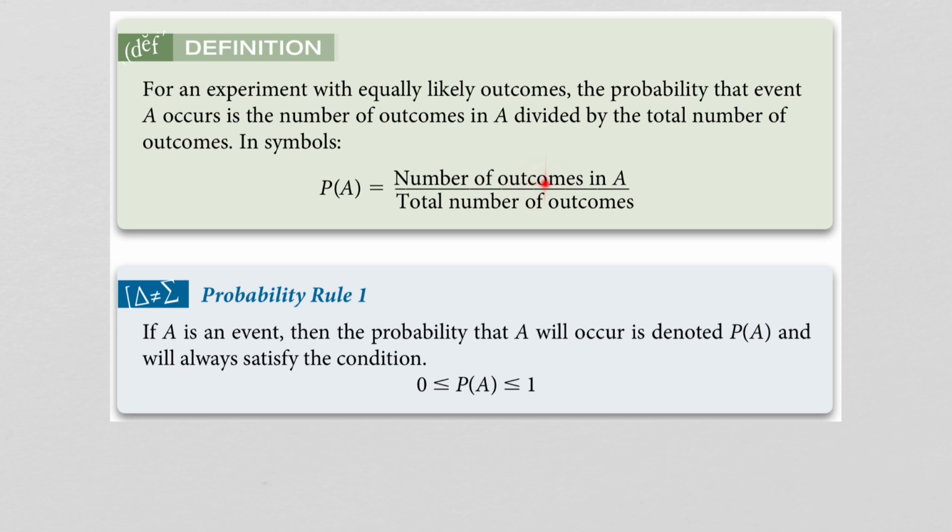The number of outcomes of A is always less than or equal to the total number of outcomes. So that means, of course, we will always get a number that is positive, because each of these numbers is positive, but it will be less than 1 because the top number here can never be larger than the bottom number. So probabilities are always going to be a number between 0 and 1.